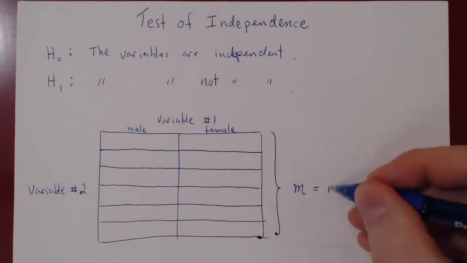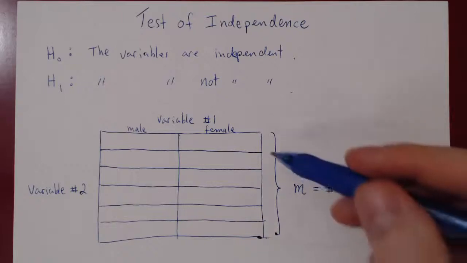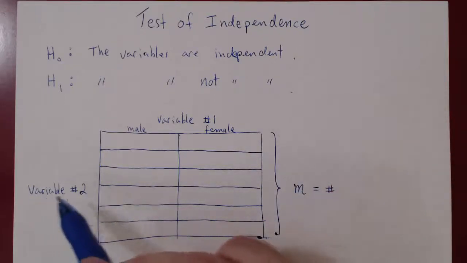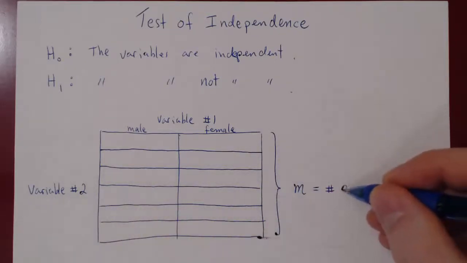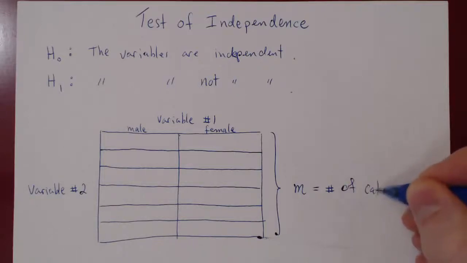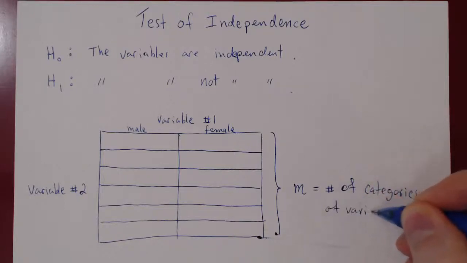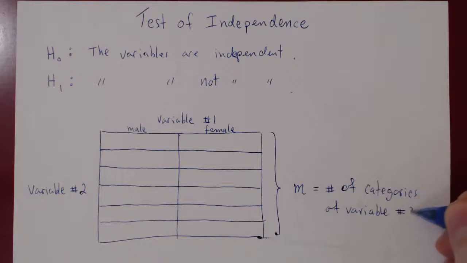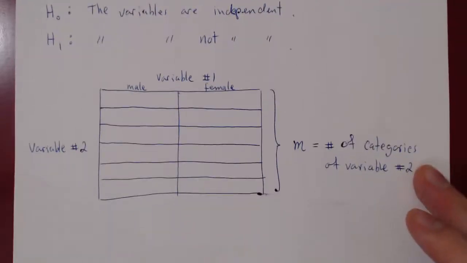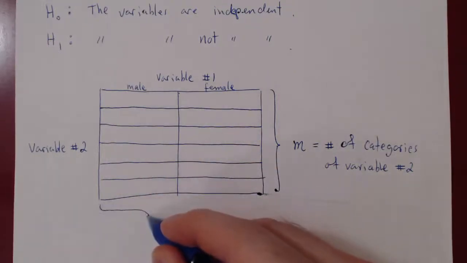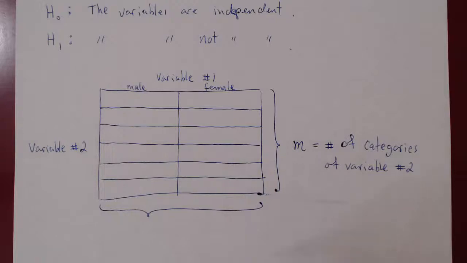So this is the number of rows of our table, the number of categories of variable 2, and we will use lowercase n for the number of categories of variable 1, so the number of columns of our table.